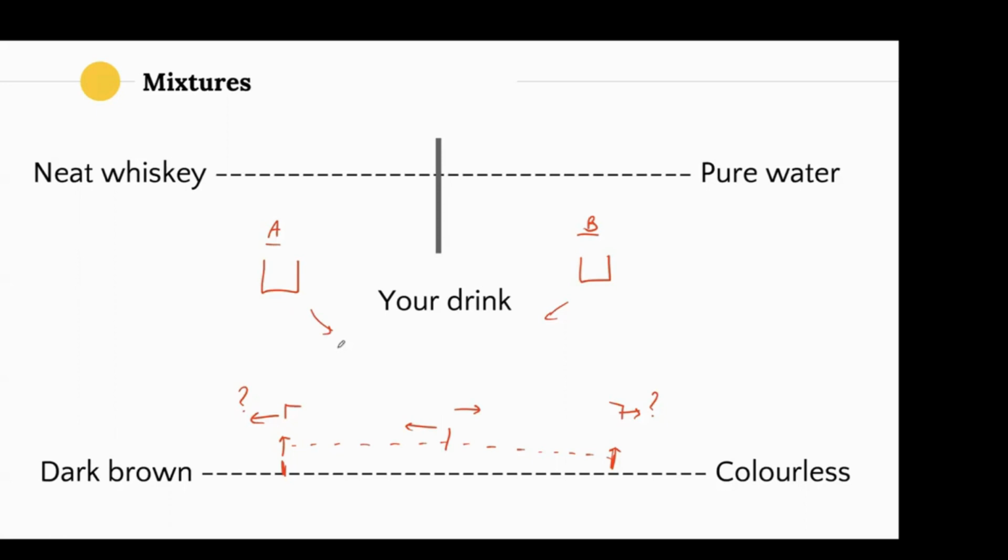ठीक है. So now when I'm talking about glasses, to get slightly mathematical now, all bottles have a percentage alcohol mentioned, right? Beer has this percentage alcohol, whiskey has this percentage alcohol, and all that.